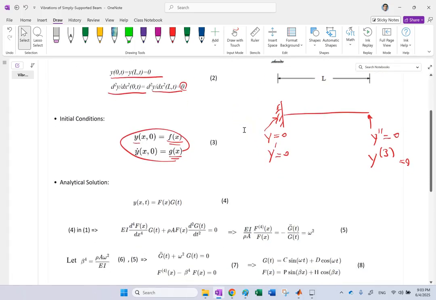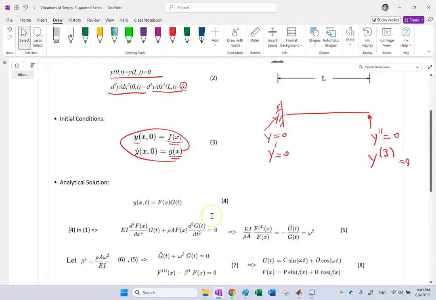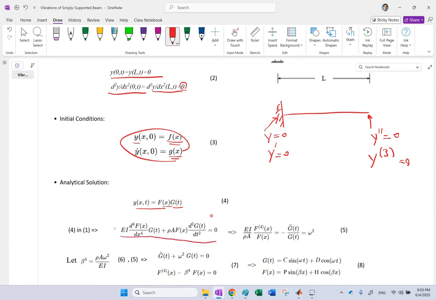Like in the video for the cantilever, the technique for solving this specific PDE is to use separation of variables. So I assume that my solution is the product of a function for only position and a function for only time, and I plug them into the original PDE. If I do so, this is the result.